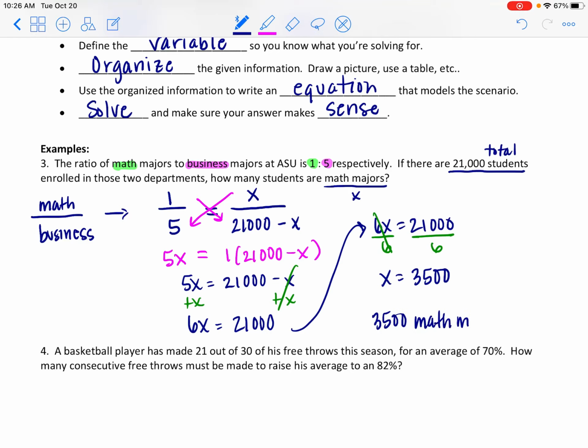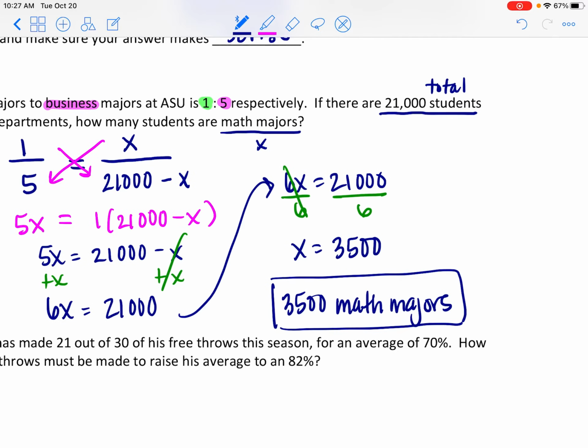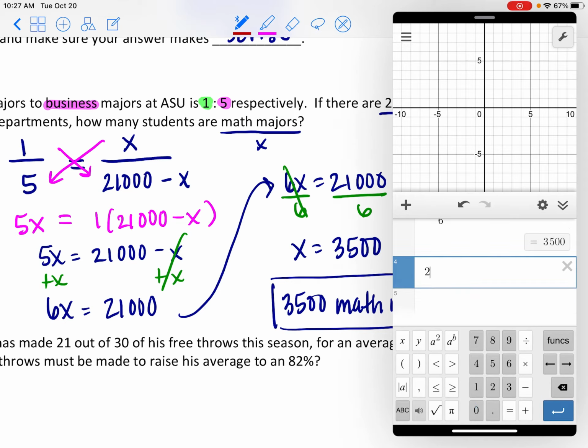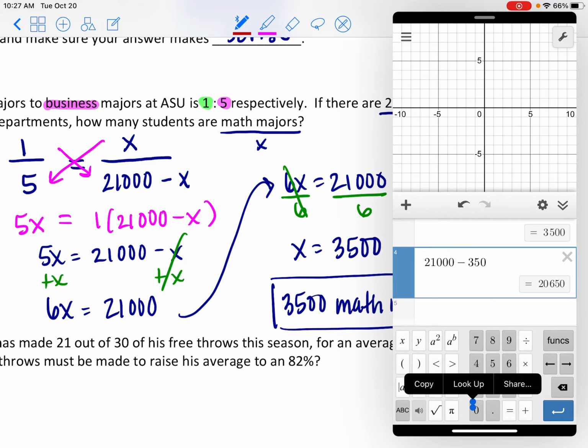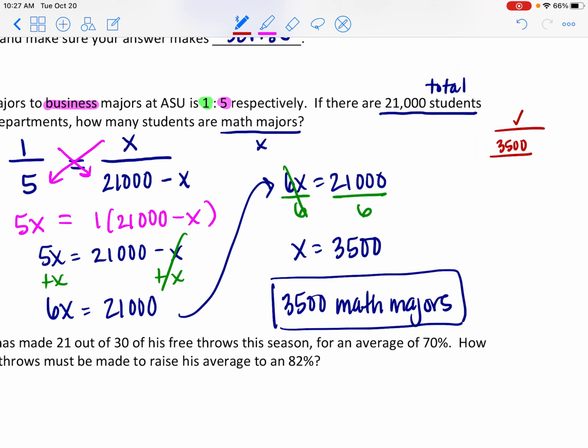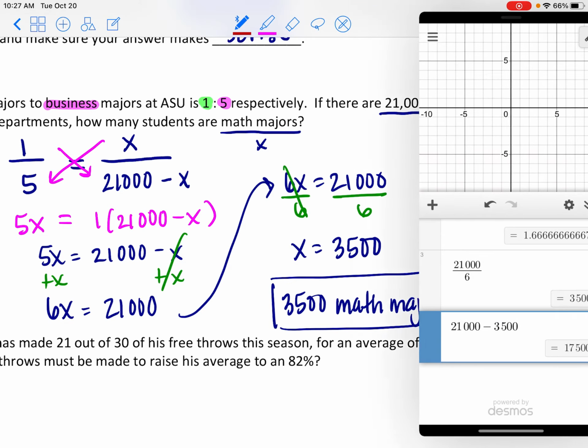math majors. Does that seem like a reasonable answer? Well, let's just check. If I had 3,500 math majors, then the 21,000 students total in those two departments, minus the 3,500 math majors, would leave me 17,500 business majors, and that fraction should reduce to 1/5.